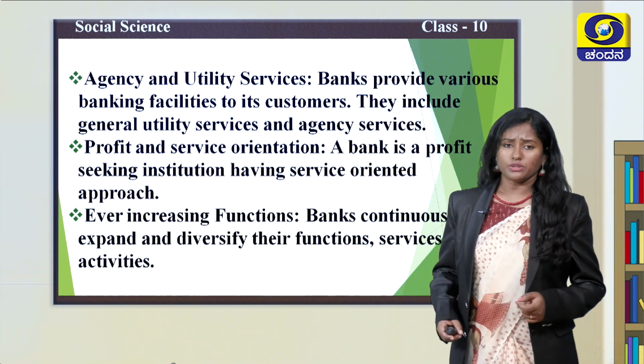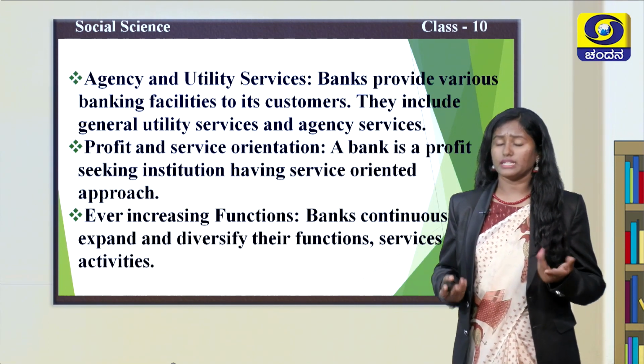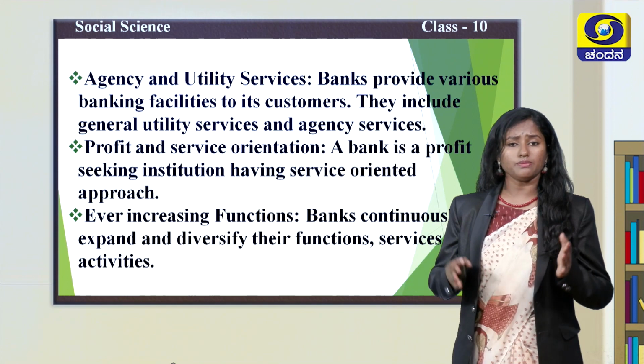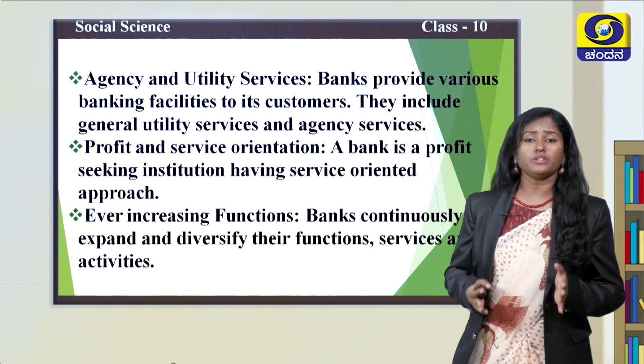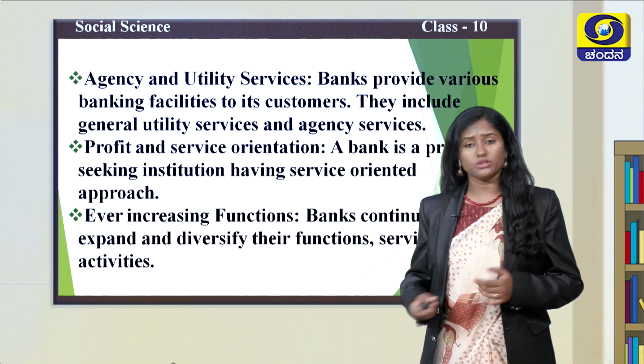You might get a question like, how does a bank get profit? Yes, you're absolutely right. With the rate of interest which is levied on the loans provided to the borrowers.